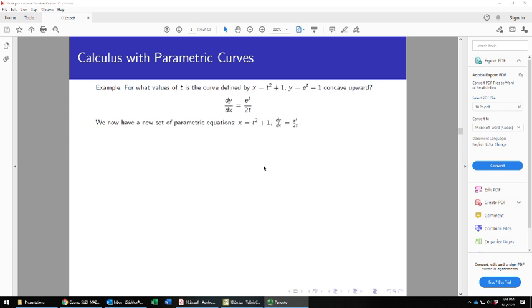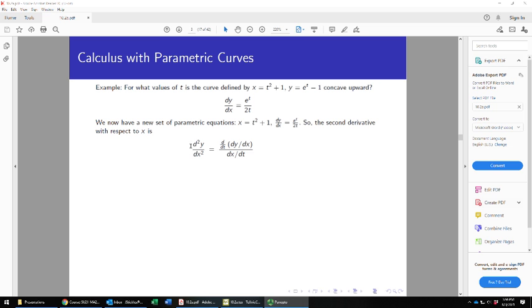All right, so what we really have to consider now is we have a new set of parametric equations. The x still changes like the x does. The x is t squared plus 1. The new quote-unquote y part of the parametric equation now is dy/dx. It's the derivative piece, which is e^t over 2t.